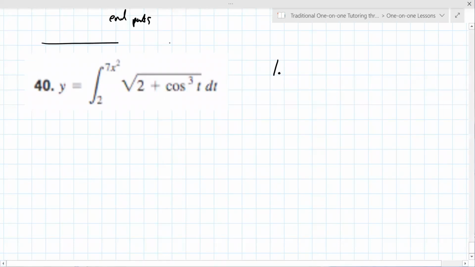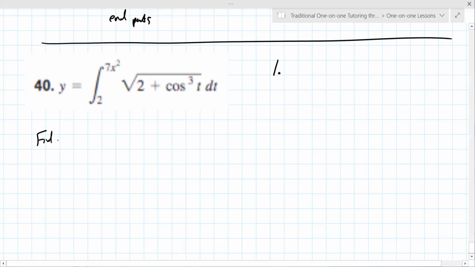So for this problem, it says to find dy/dx, which is a little bit odd. You're like, wait, we've got integrals, I'm done with that part of calculus. But there are steps here. The first step is to put the upper bound into the function.